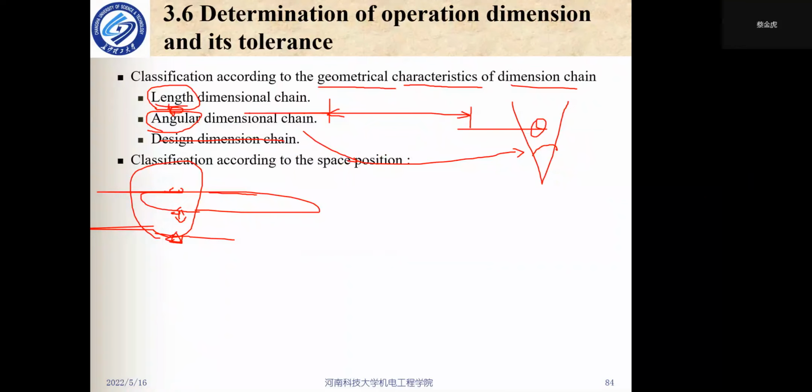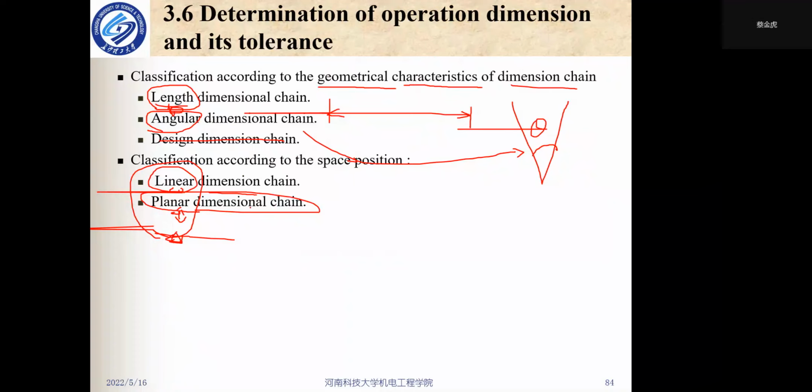And the third classification is according to the space position. The first one is the linear dimension chain, where all component links are parallel to the closed link, and we have a few examples. The second is the planar dimension chain, where all the dimensions in a dimension chain, which comprise both linear and angular dimensions, are located in the same or parallel planes.